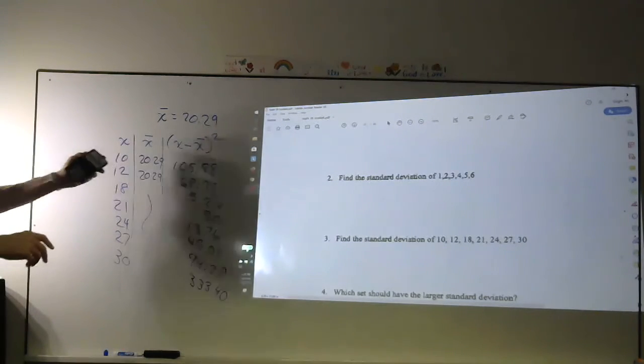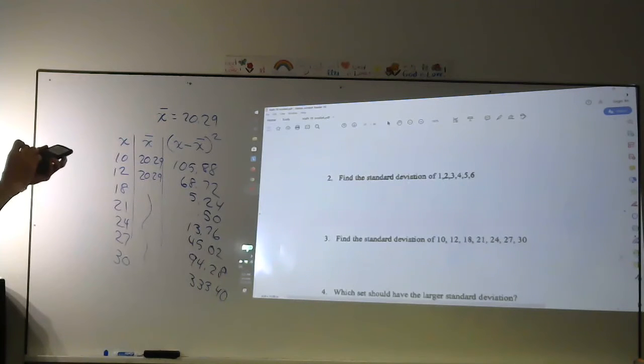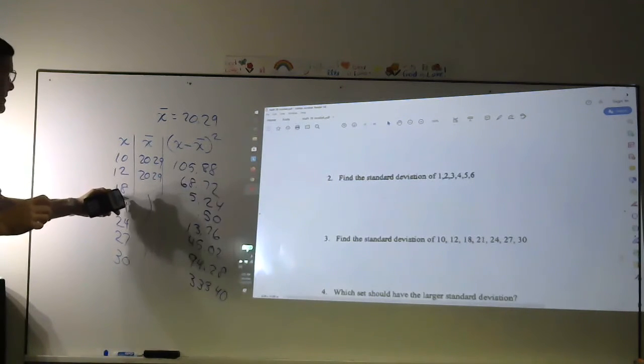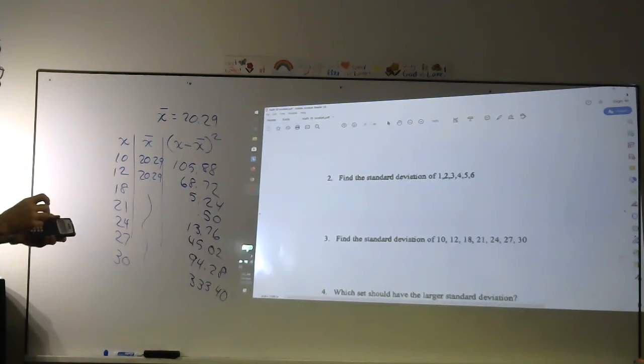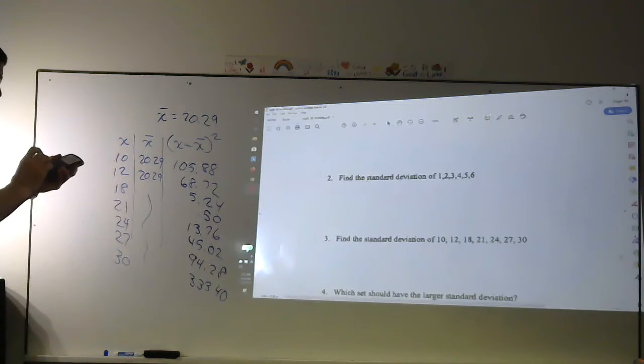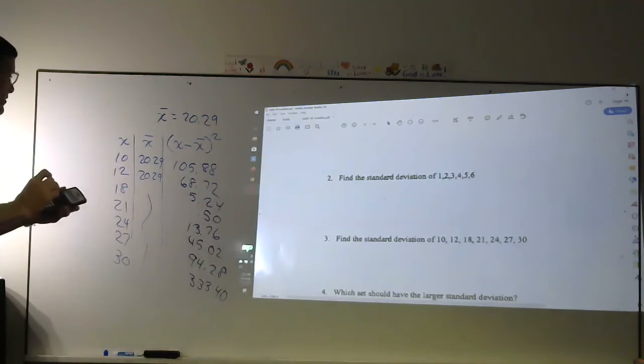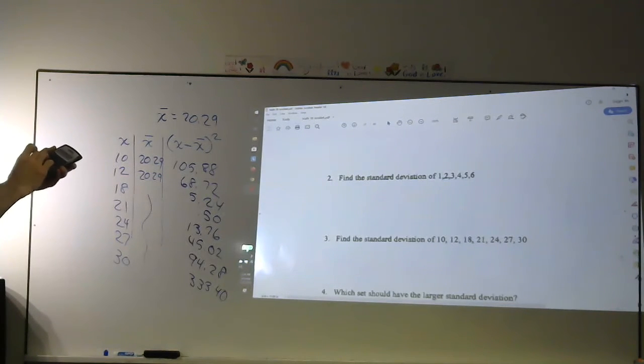This minus this is 10.29 squared, plus 8.29 squared, plus that minus 18 is 1.71 squared, plus that minus that is just 0.71 squared.